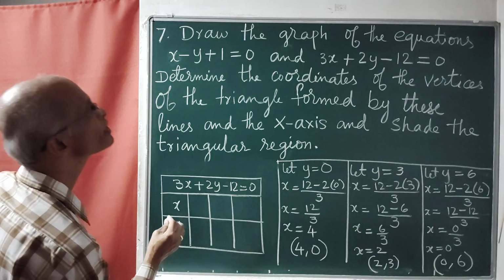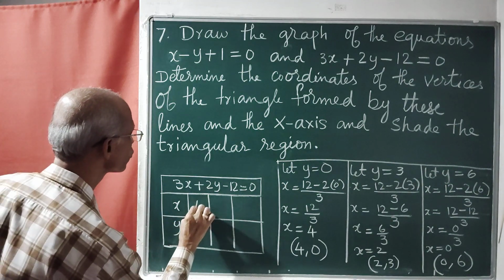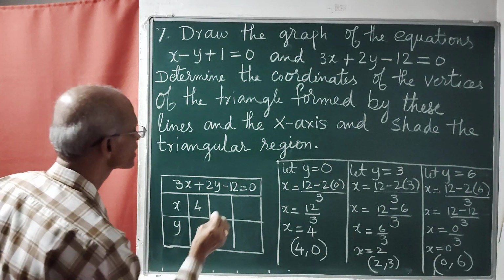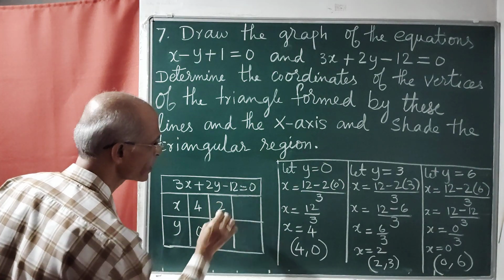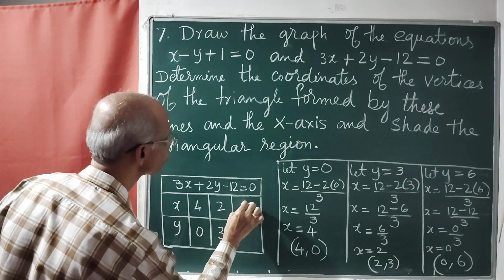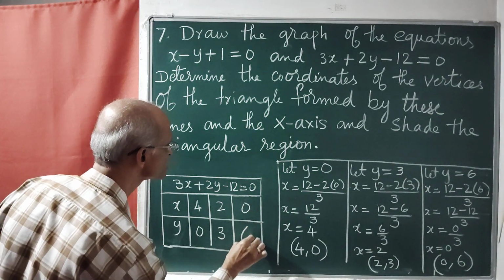If the value of x is 4, the value of y will be 0. If the x coordinate is 2, the y coordinate is 3. If the x coordinate is 0, the y coordinate is 6.